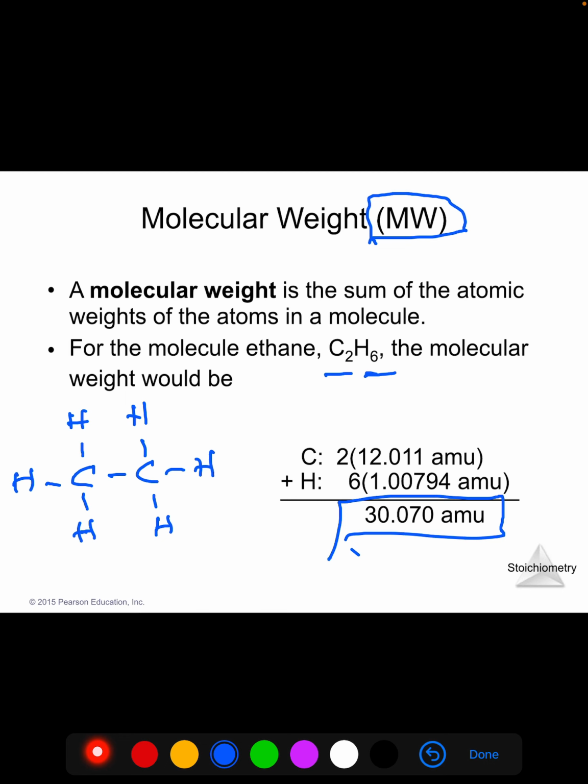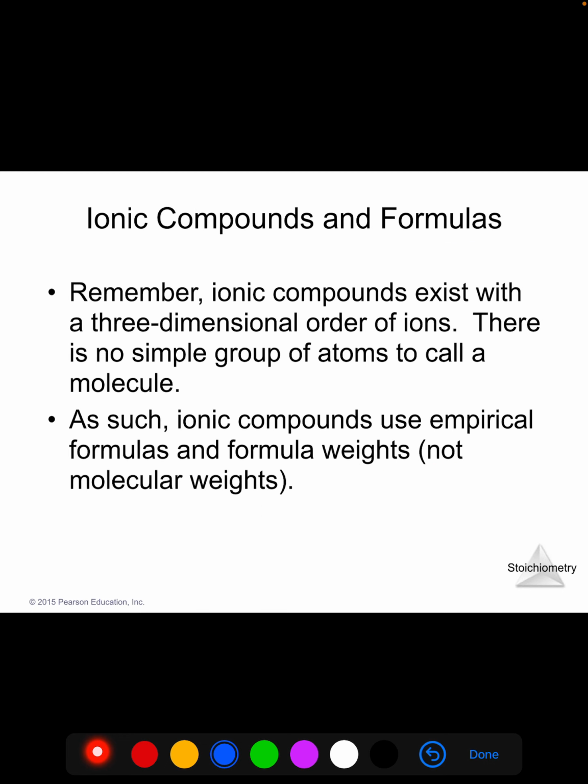But I told you before, I don't use atomic mass units a lot because we never work with a single atom or a single molecule, or in the case of ionic compounds, as I said, there's no simple group of atoms to call a molecule.